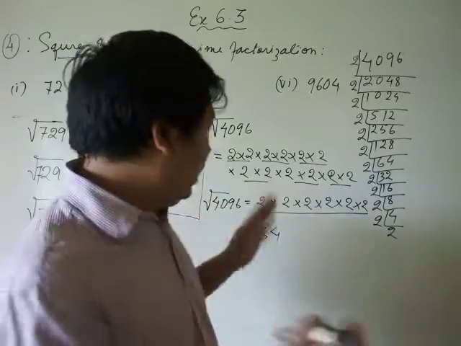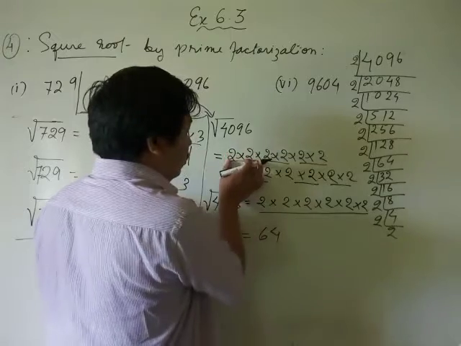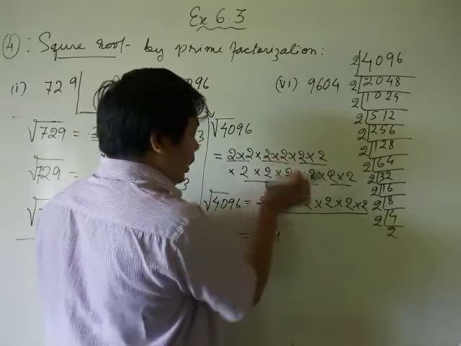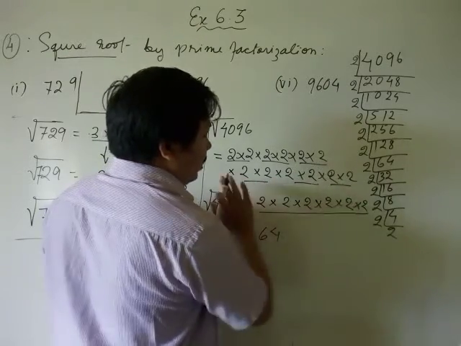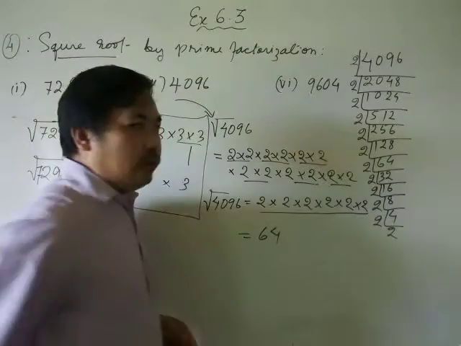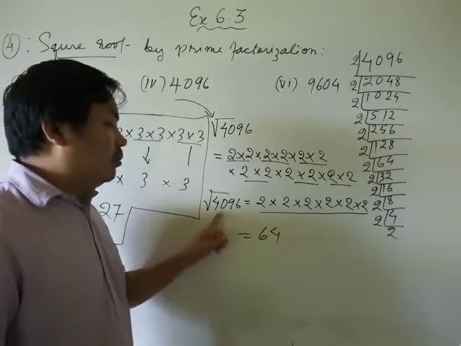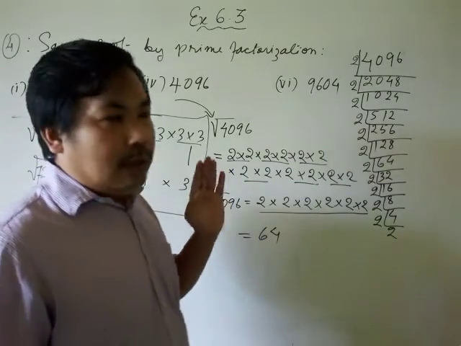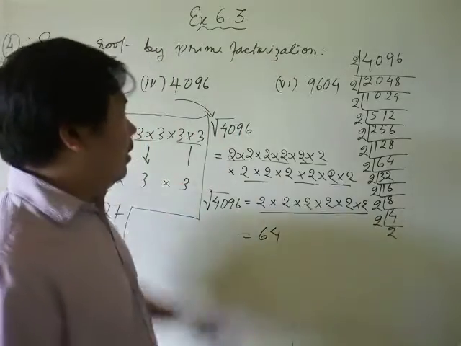So 6 pairs are there, 6 twos are multiplied together, we get 64, and 64 is the square root of 4096. Okay, so let's see the next.